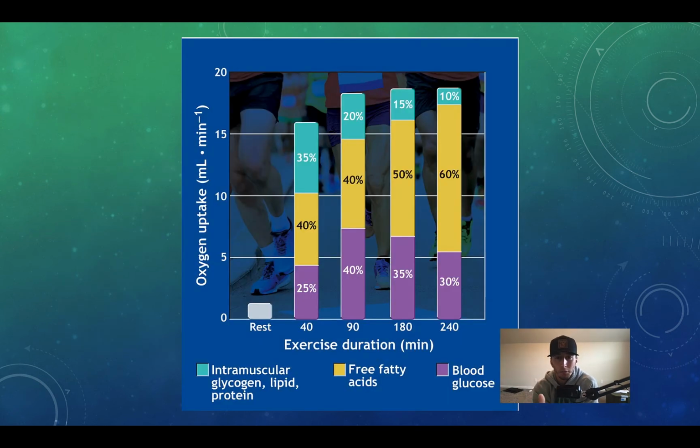So that's exactly what we're looking at here, right? As we start at rest, you can see that really we're not even measuring anything. We move over to 40 minutes of activity, and you can see that blood glucose is making up about a quarter of energy production. We've got 40% fueling coming from fat, 35% coming from stored glycogen.